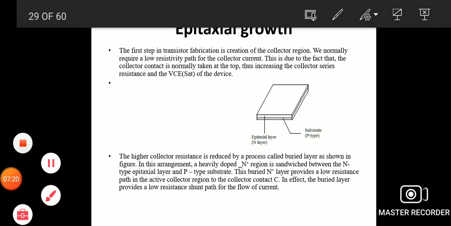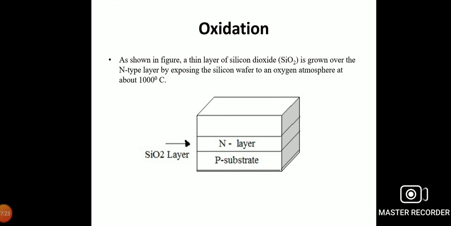Now we can move to oxidation. The oxidation process in integrated circuits is the silicon dioxide insulation layer processing. This layer is grown over the N-type epitaxial layer. The layer is only 1 micrometer thin and is grown by exposing the epitaxial layer to an oxygen atmosphere at 1000 degrees Celsius.